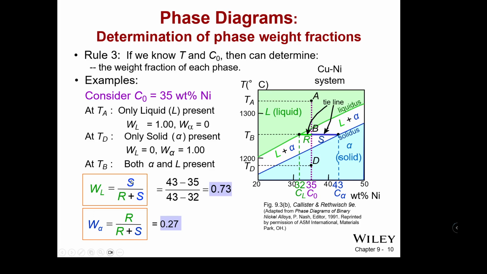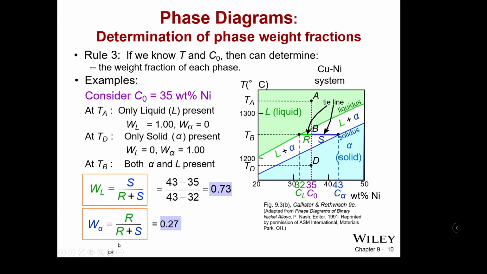So S over R plus S, this is R and this is S. For liquid, for the thing on the left side, it is the right side divided by the sum. For the thing on the right, the solid, it is the left divided by the sum. So each one, we look at the opposite side. That's just the rule of thumb.